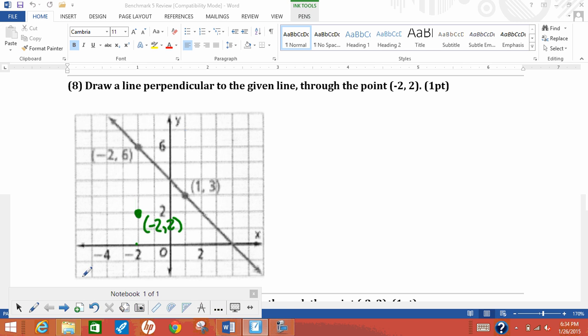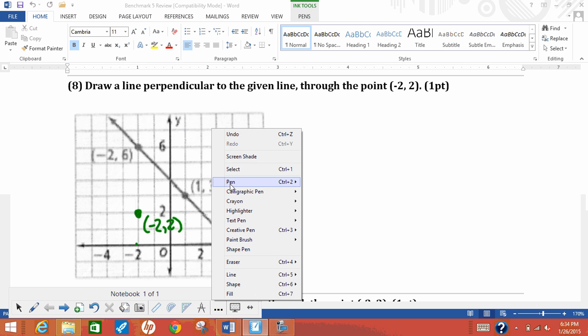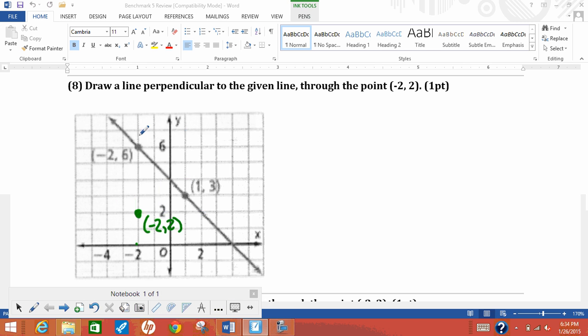The easiest way to find slope, especially if I have points on a line on a graph, is to start at one point. I usually start at the leftmost point, because if I go down, that tells me the y is negative. 1, 2, 3. And right is positive, 1, 2, 3.